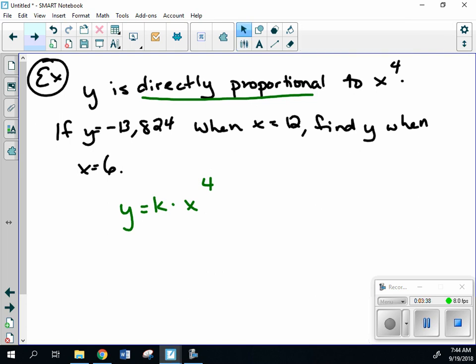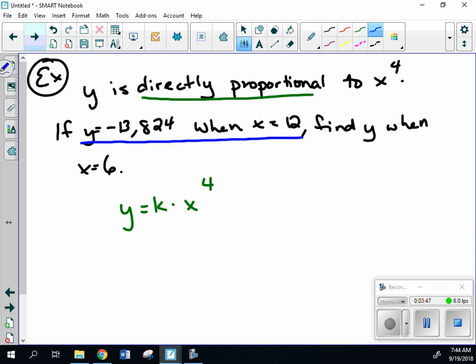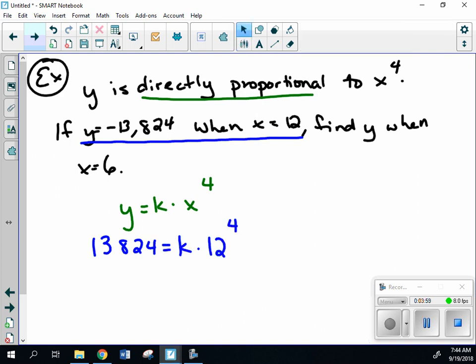That's just based on the first sentence. Now we look at the second sentence and look specifically at the numbers that they give us. They tell us where the y and the x values go in order to figure out our k. So we have 13,824 equals k times 12 to the power of 4.